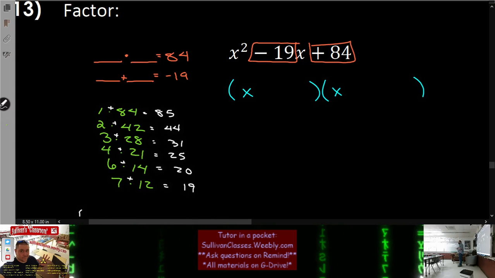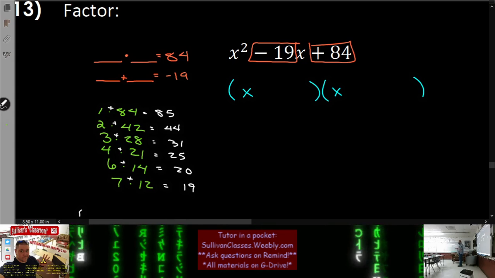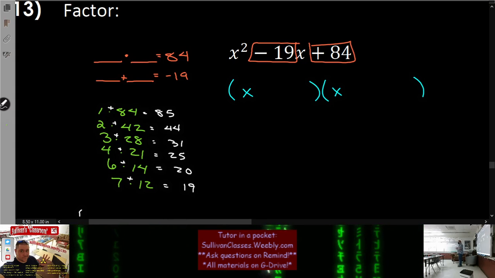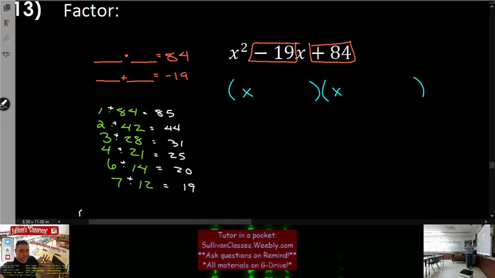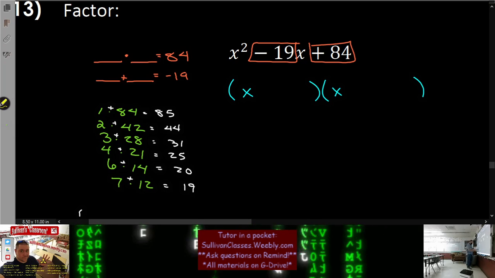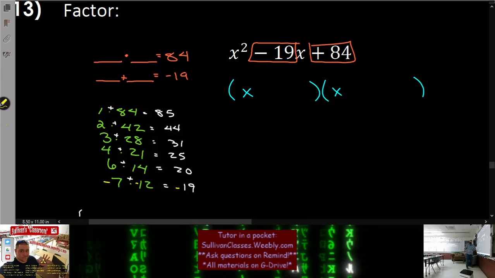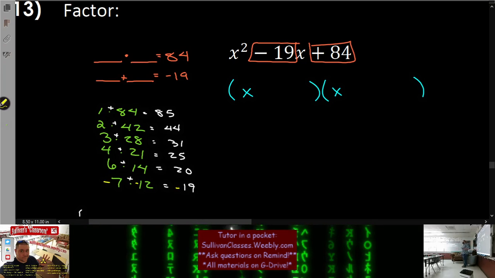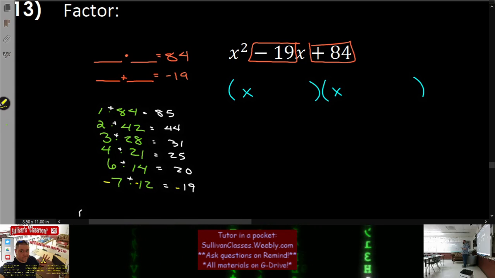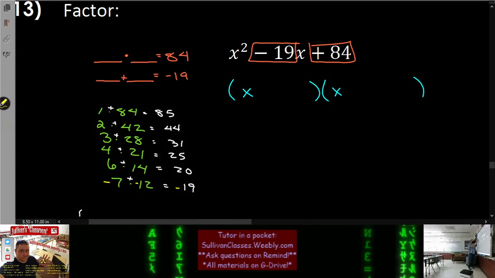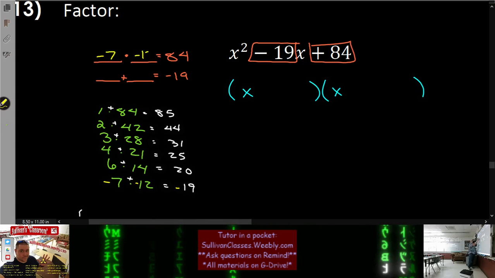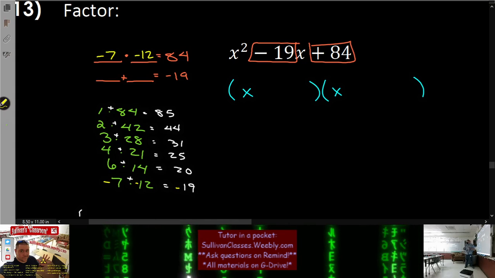A positive times a positive does make a positive 84, yes. But a negative times a negative, if I were to switch that, isn't that now a negative 19? Yes. Does a negative 7 with a negative 12 make a positive 84?